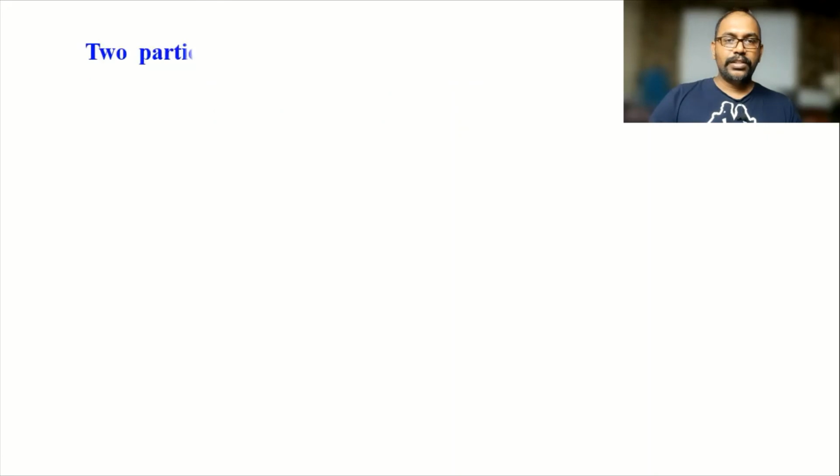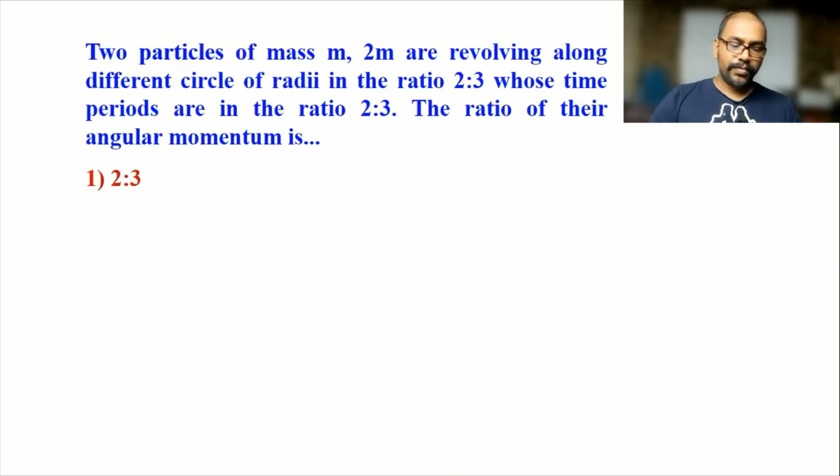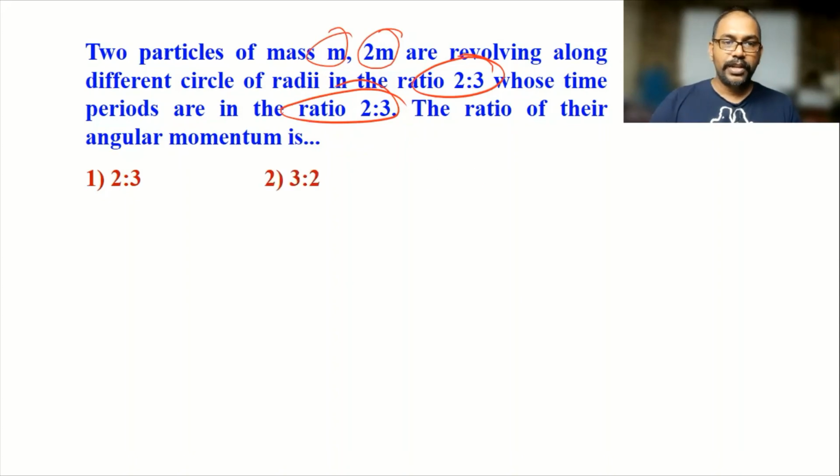Now the next question. Two particles of masses m and 2m are revolving along different circles of radii in the ratio R1 by R2, whose time periods are in the ratio 2:3. The ratio of their angular momentum is.